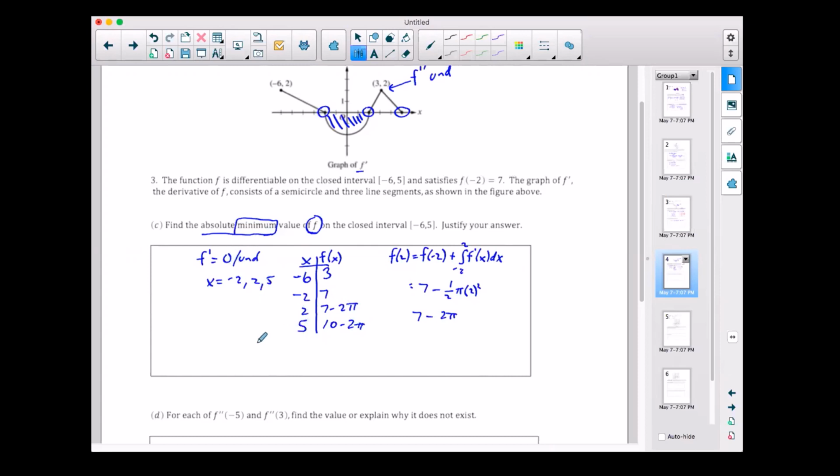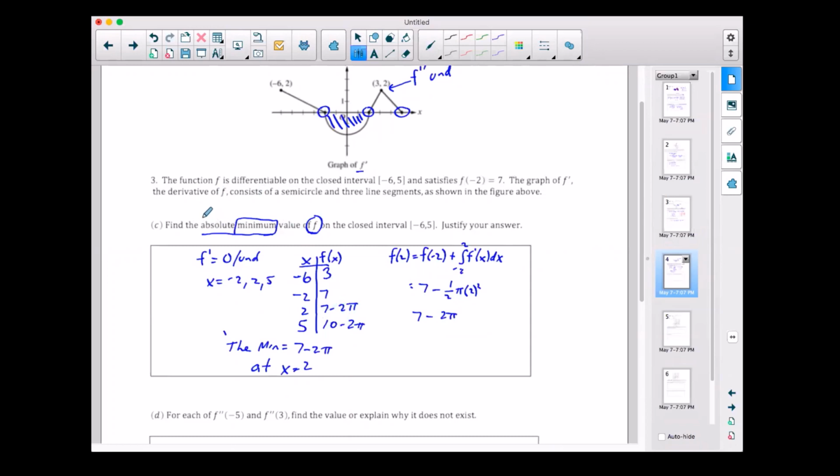Whenever I see absolute minimums or maximums, I love to write the answers like this. The minimum equals whatever answer you came up with, 7 minus 2 pi. And I always say at x equals whatever the x coordinate is. The reason I like to write my answers like this is because sometimes they ask you in the problem for the minimum value. Well, minimum value means the y coordinate, the 7 minus 2 pi.